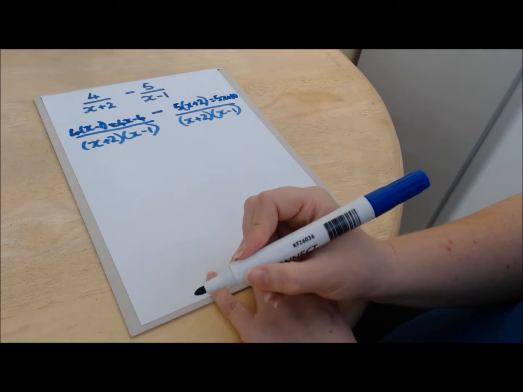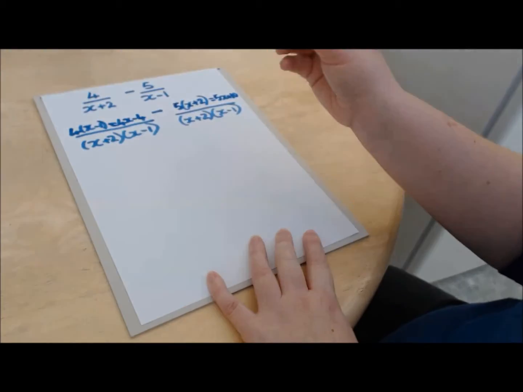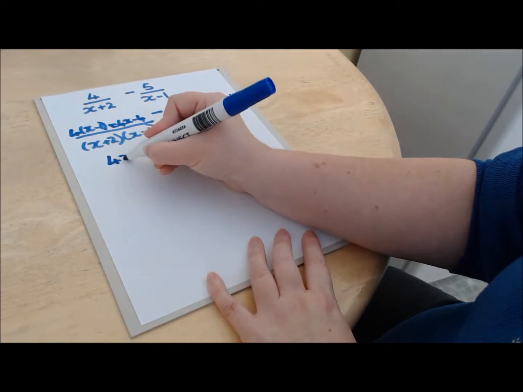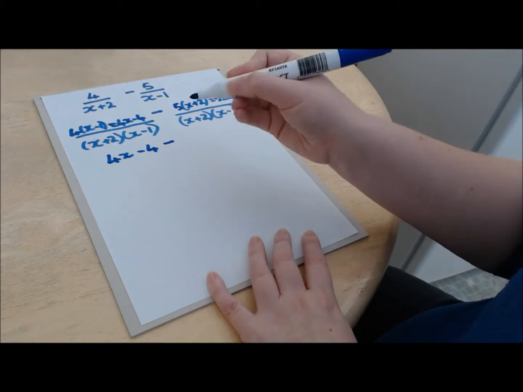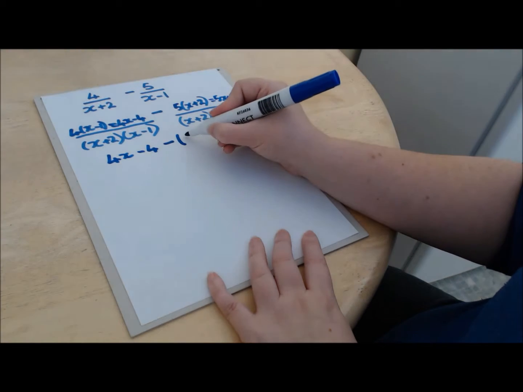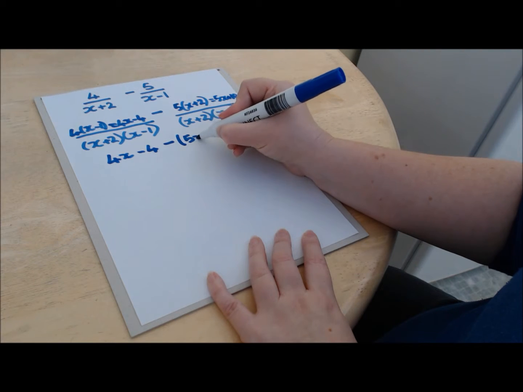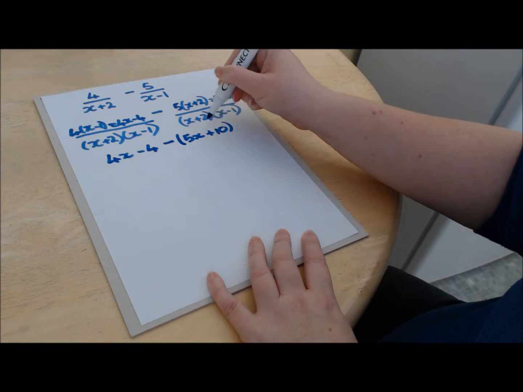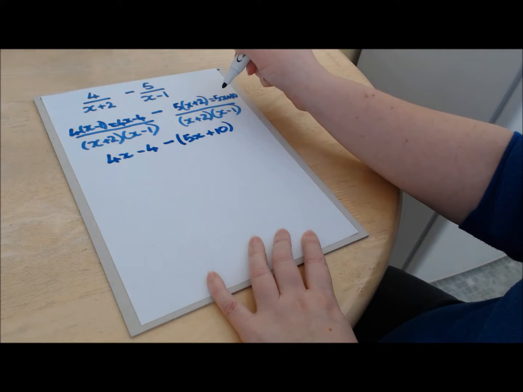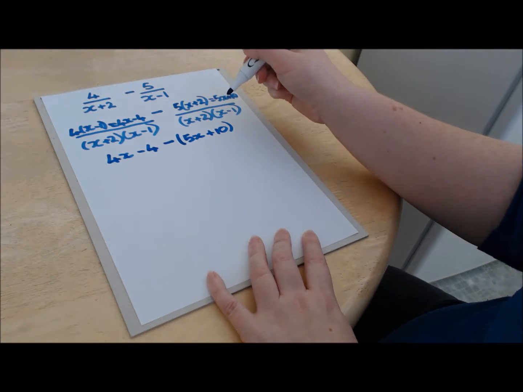Now this is where we need to be careful with doing the takeaway on the top. So we've got 4x minus 4 minus, and I'm going to put this in brackets to really make this stand out, 5x plus 10, because we've got to take away all of this, not just the 5x at the beginning.